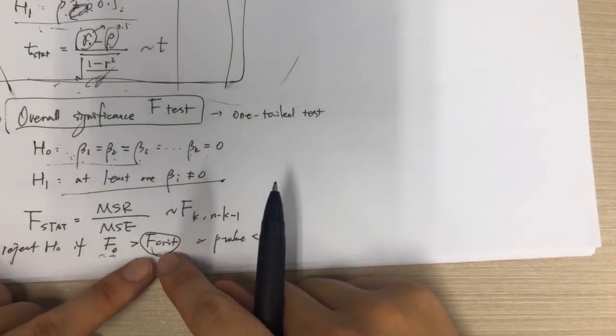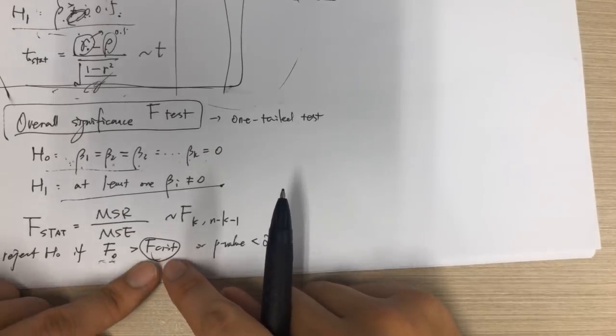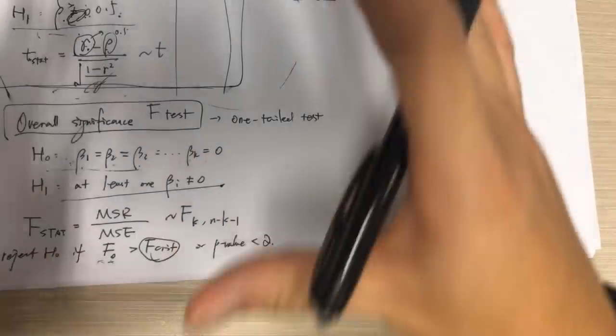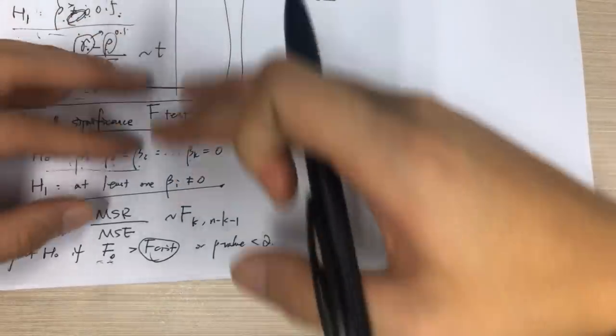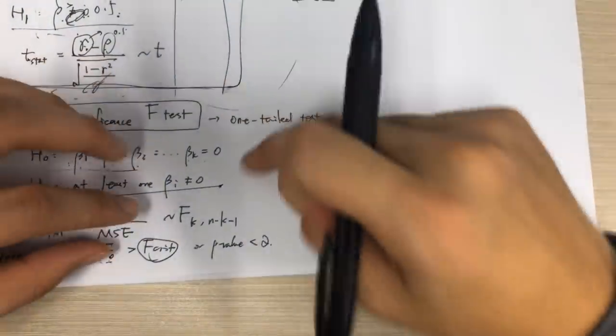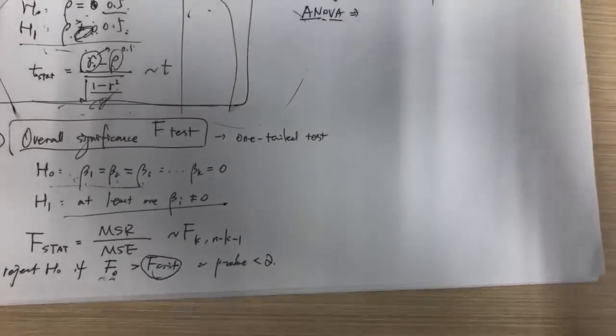Once you fix your significance level alpha, you can find in the F table the certain degrees of freedom within a certain column. So it's not that hard.